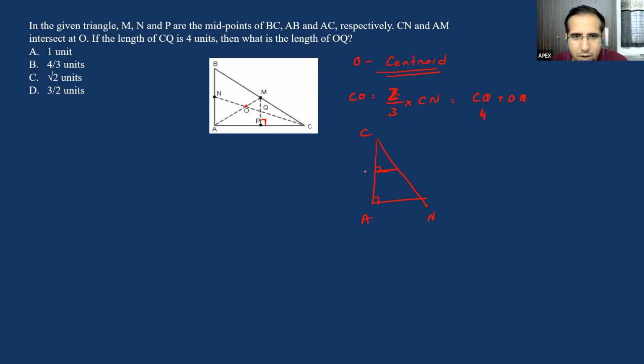Clear? And this part is Q. Sorry, CQ is 4, right? So first of all, if these two are midpoints, then the ratio is 1:1, so this ratio will also be 1:1. Clear? So if this part is equal to 4, then QN will also be equal to 4.